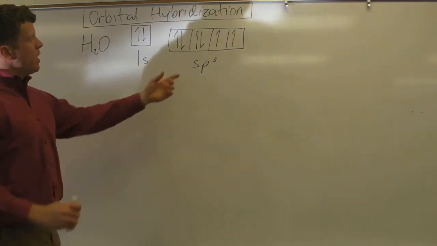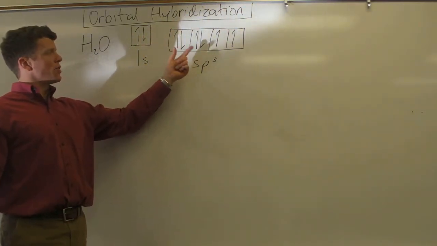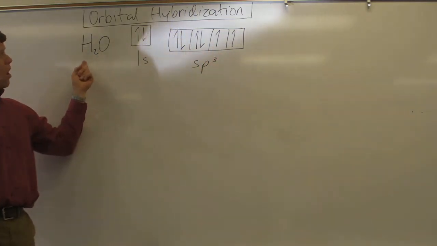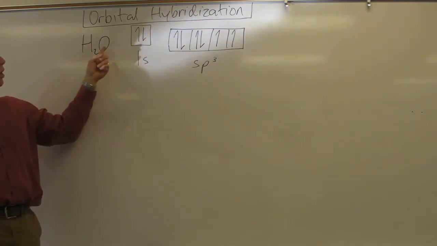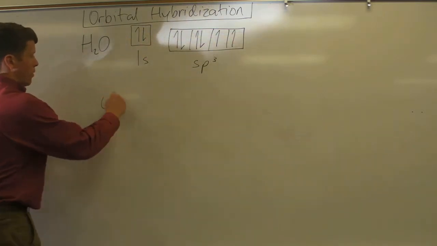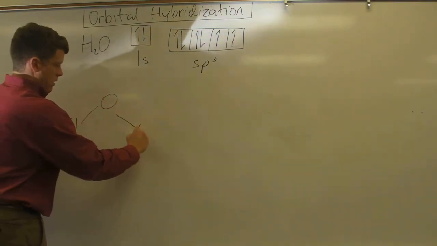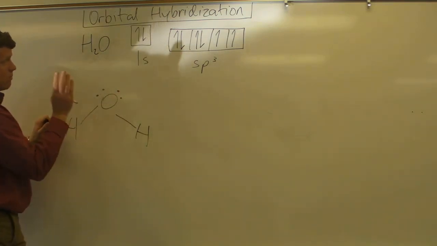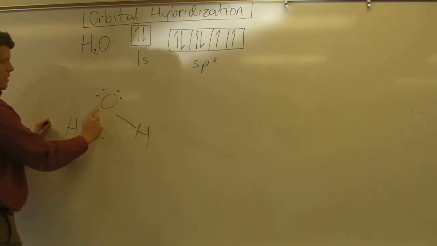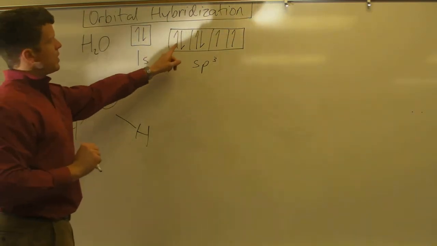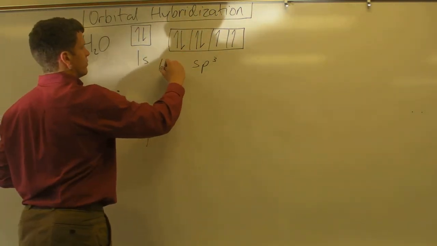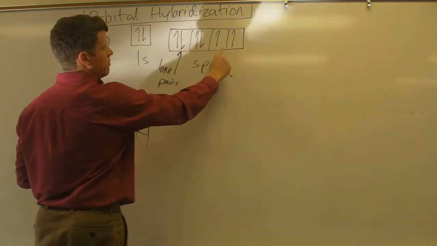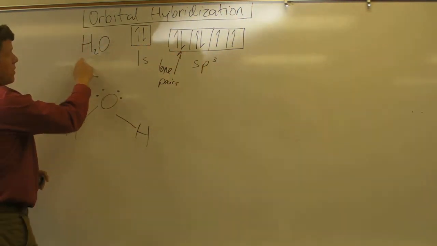This time though, you've got 2 pairs of electrons here and only 2 free electrons for bonding. So oxygen actually has 2 lone pairs of electrons. So remember from drawing these kinds of shapes, oxygen has 2 bonded pairs, 2 lone pairs. So these are the lone pairs, and these are the bonded, or will be the bonded pairs when they bond with the 2 hydrogens.